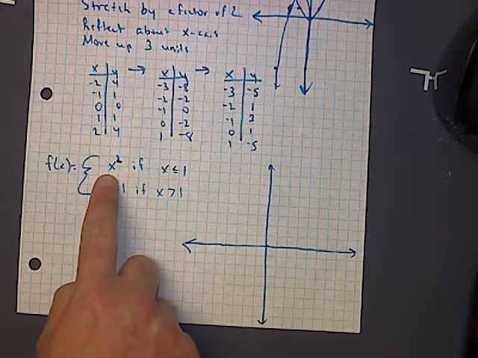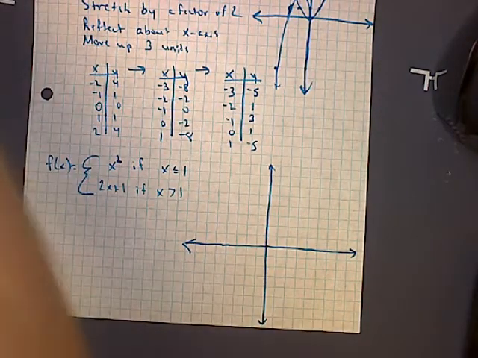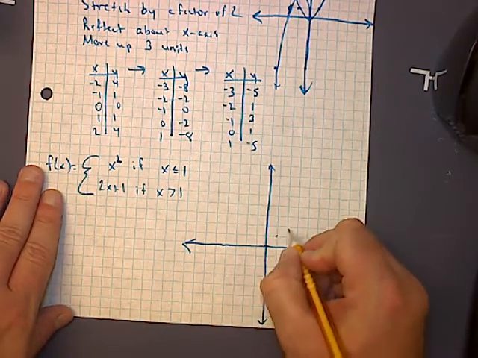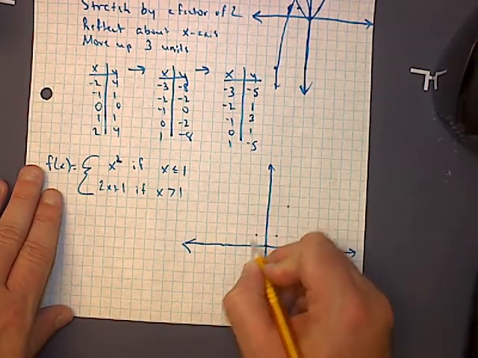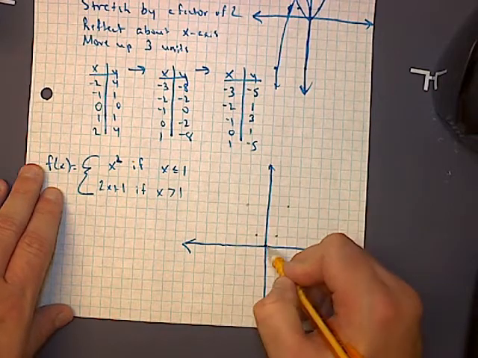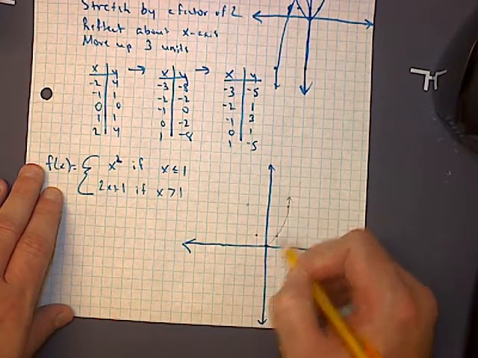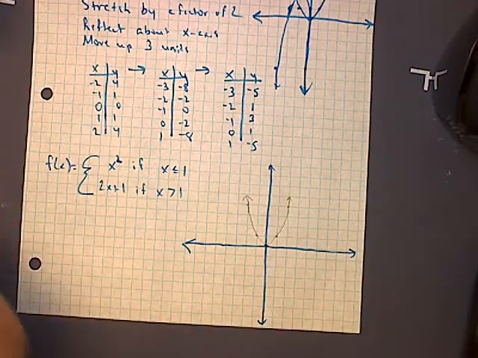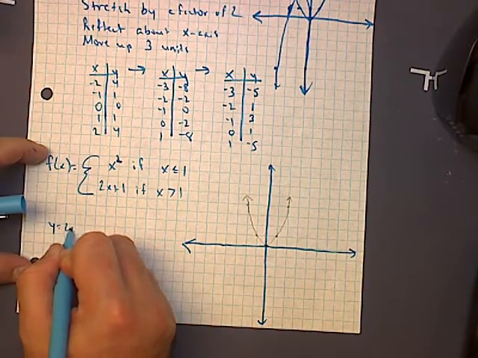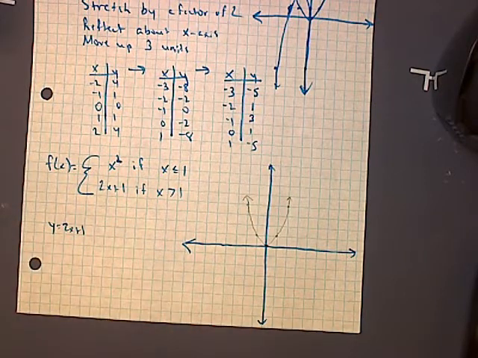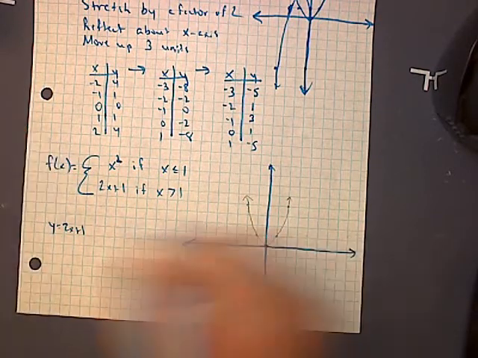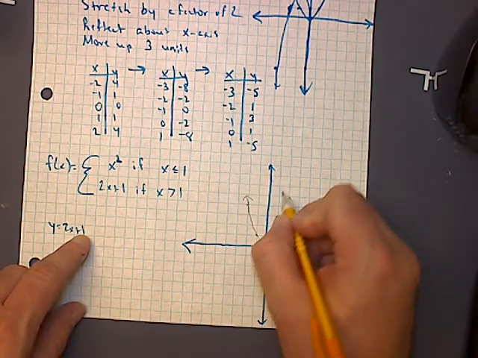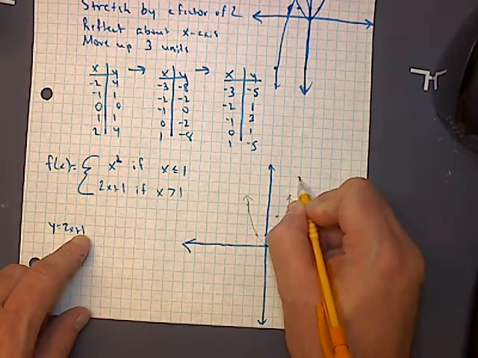This first one is the parent quadratic function, so you just need to graph the parent quadratic function first. Okay. The next one is y equals 2x plus 1. It is linear, therefore you can use slope and y-intercept. So I'm going to use my y-intercept, which is 1, and go up 2 over 1.